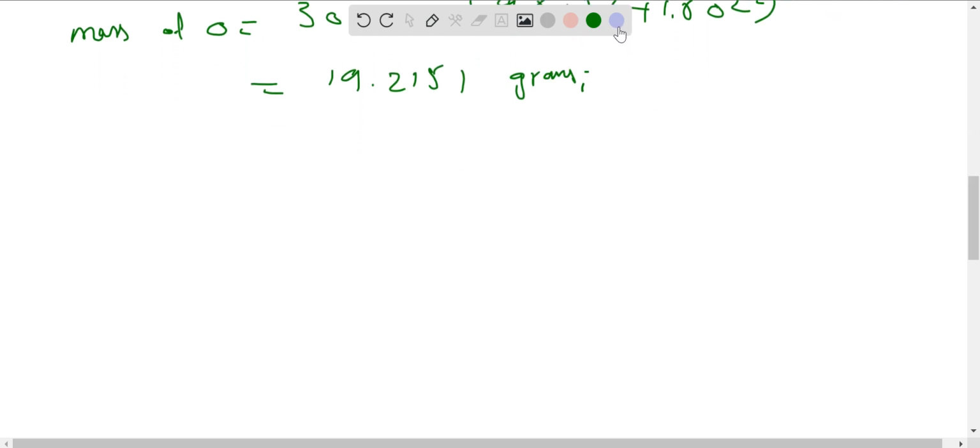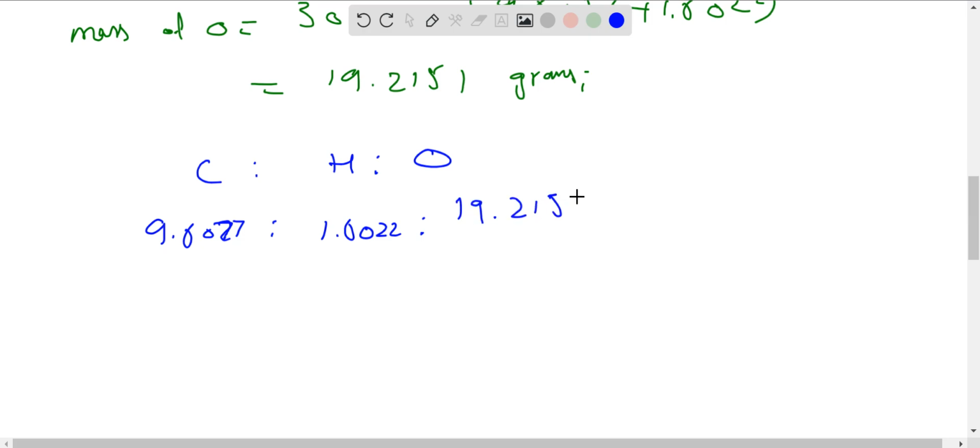Now we have to find the moles of carbon, hydrogen, and oxygen. So the mass of carbon is 9.6027, the mass of hydrogen is 1.6022, and the mass of oxygen is 19.2151.